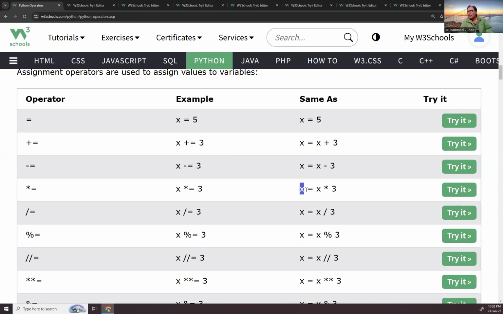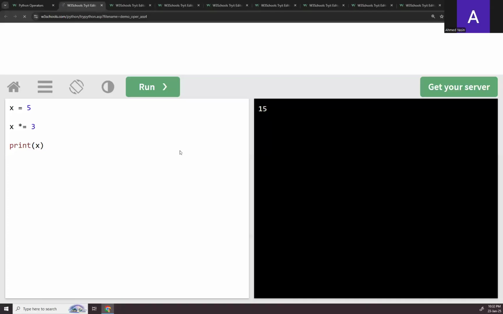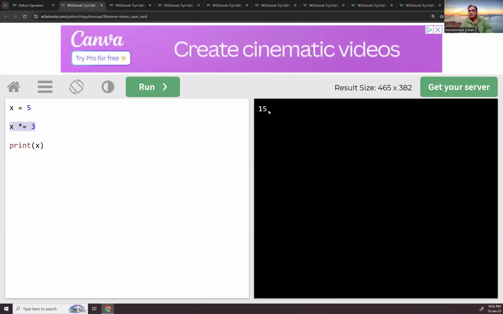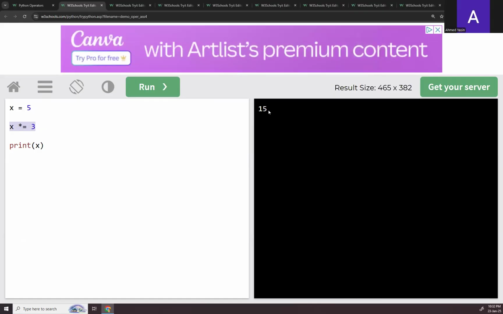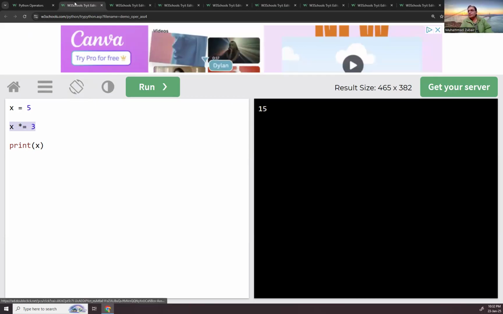Again, x is equal to x multiplied by 3, and we can write this as x multiply equal 3. So this is again the same thing, right? So let's try it. Here you can see that 5 multiplied by 3 is equal to 15, right? So this is again the same thing.